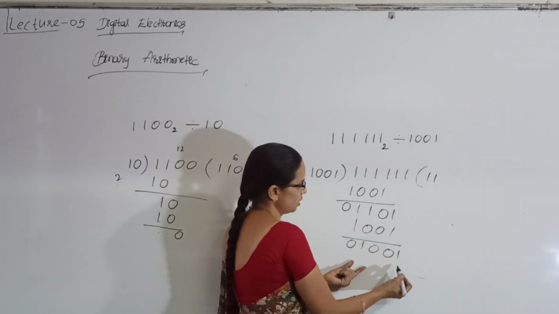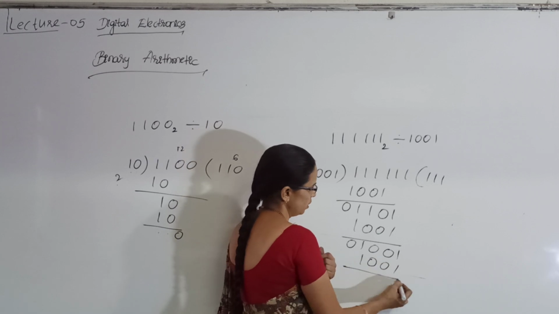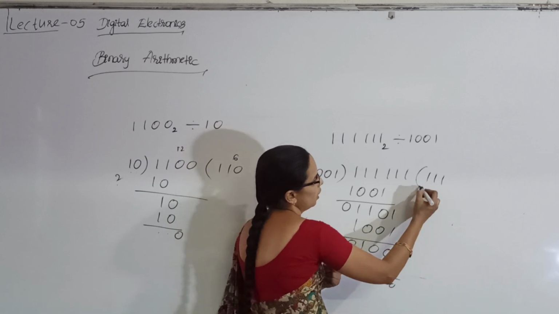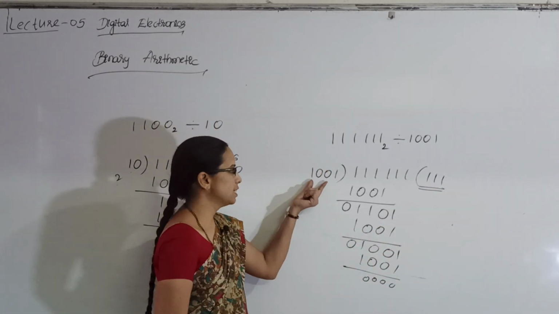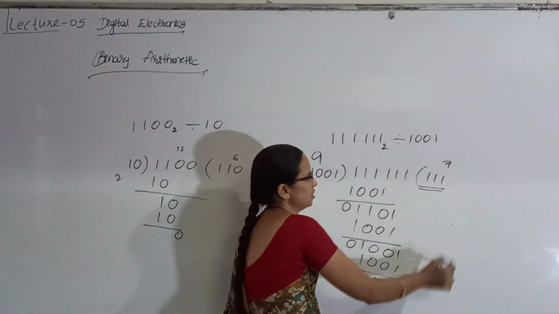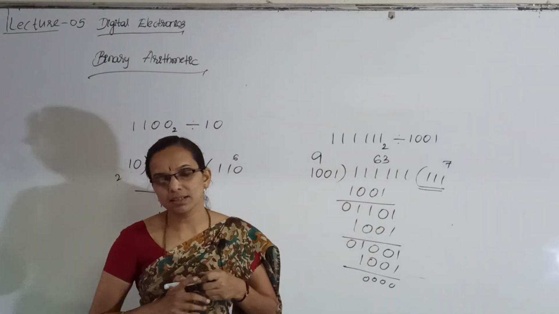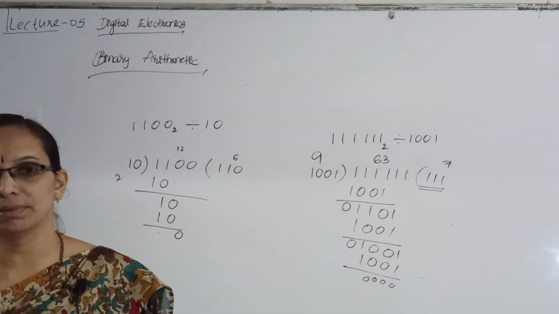Again one more bit is there. Ones are 1001. You got 0. The answer is 7. And this is our 9. We have got answer is 7, in the sense it should be 63. Convert it and check. Yes, sir. You will get the same numbers in decimal.